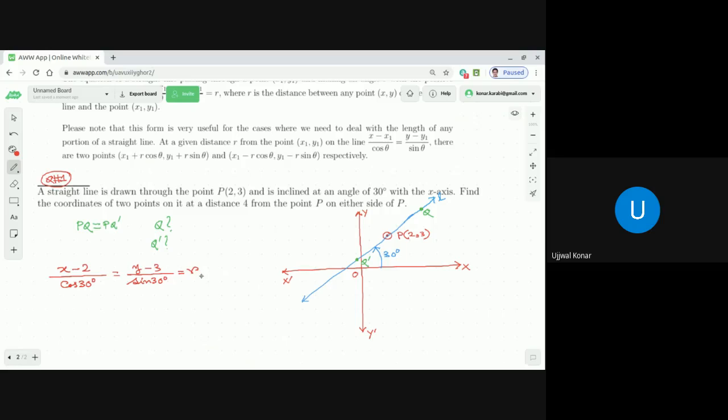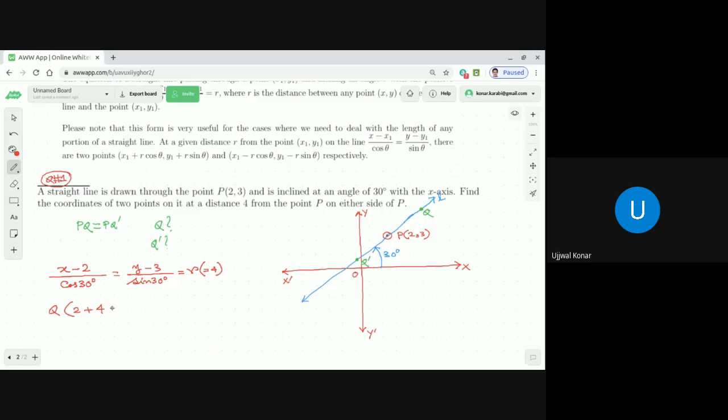Though frankly speaking, this symmetric form representation was also not that important. One thing we are sure of, as we just discussed, the coordinate of the point Q is x1 plus r cos theta, where x1 is 2 and r is 4 now.